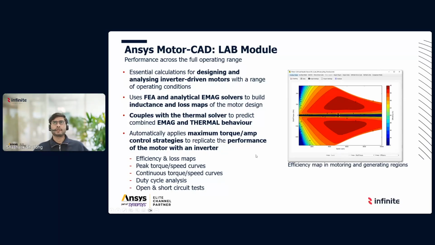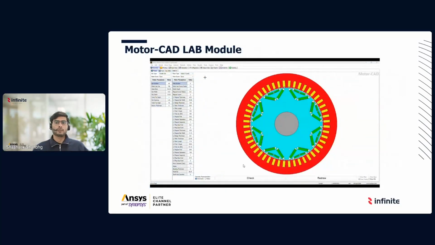So I can show you here, you can see the efficiency maps, and you can see different motor and generator regions. You can see peak torque speed curves. You can see continuous torque speed curves. You can do the duty cycle analysis. And like I said, you can do open and short circuit tests, just like you would do in an experimental setup. And how you do that would be in the lab module.